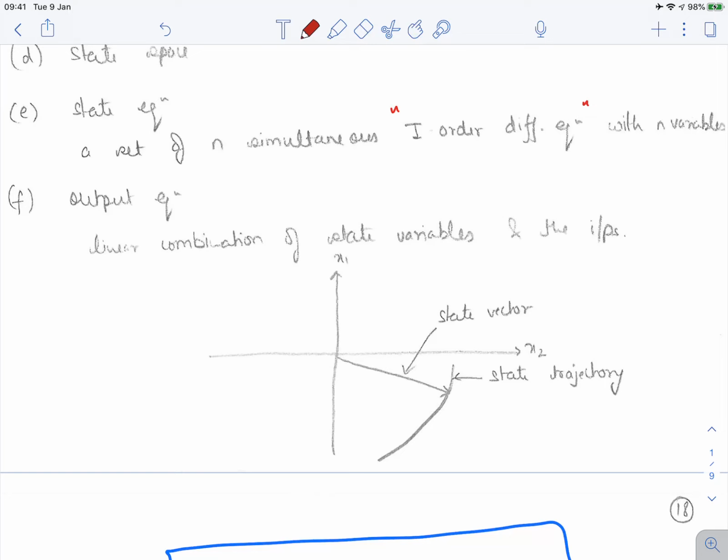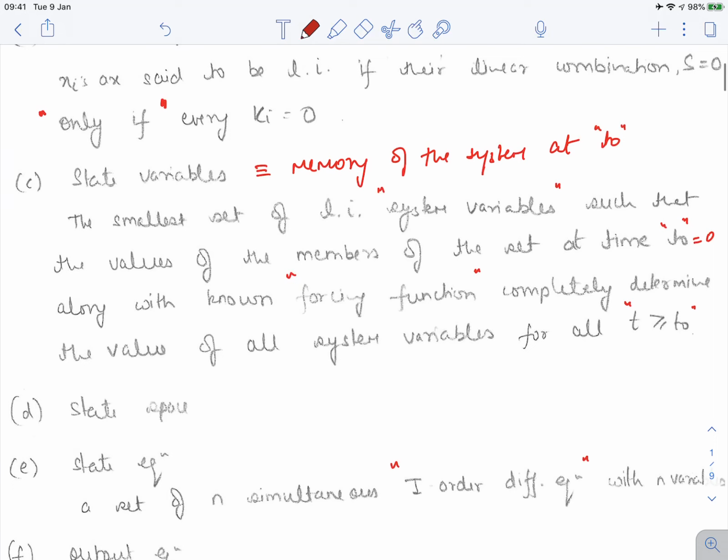Because memory is pretty important to compute the values for the future. Now, knowing the values of the state variables at any time t naught, which could also be 0, or the initial conditions, I can compute the value of the system variables in the future. So you can also understand this value of the state variable at t naught, where t naught could also be 0, as the initial conditions.